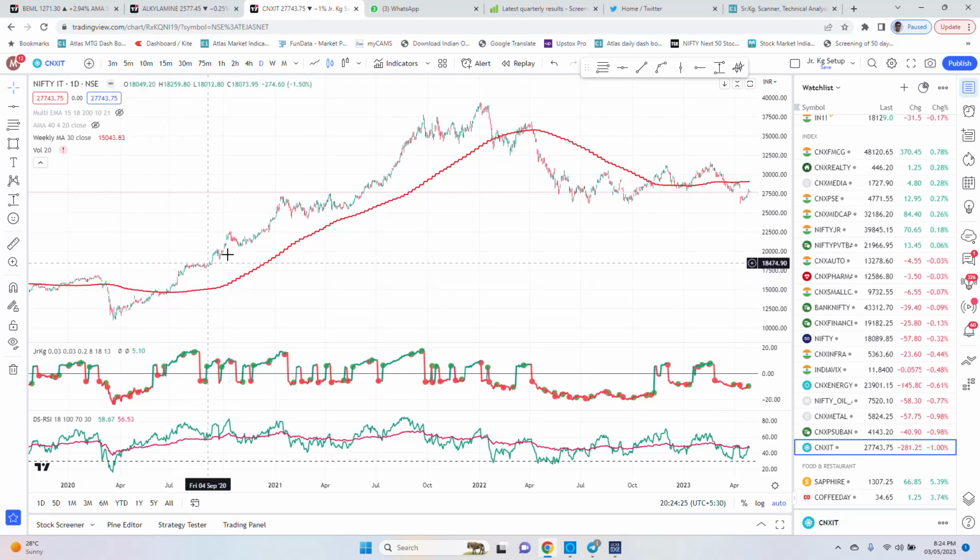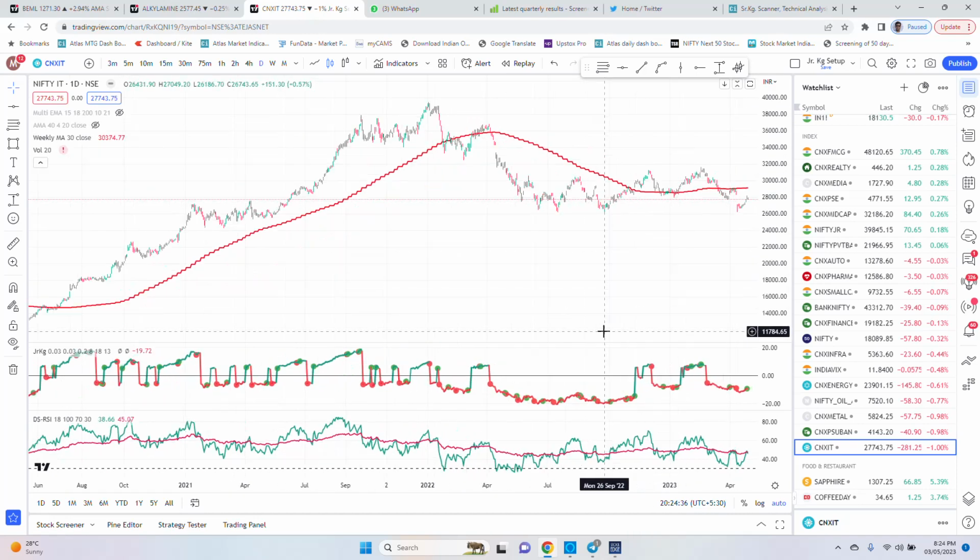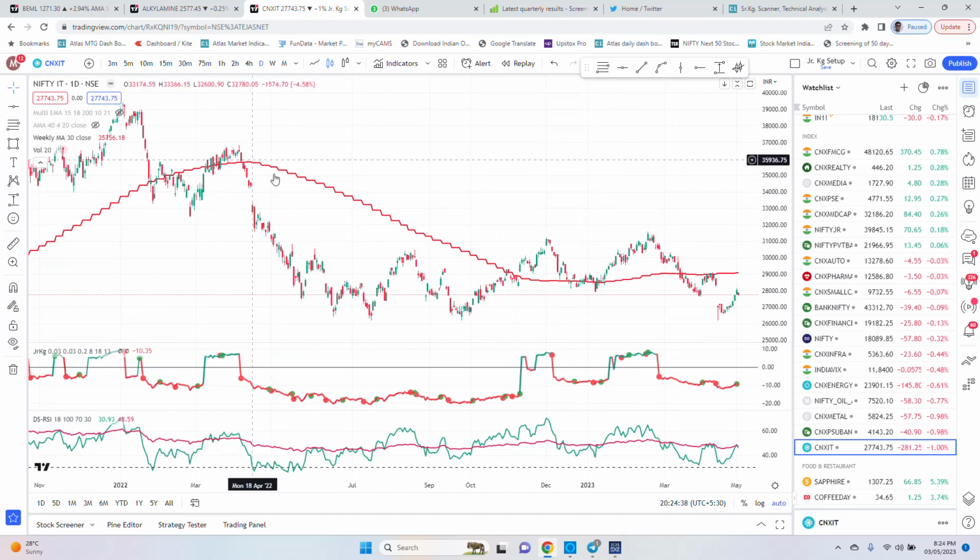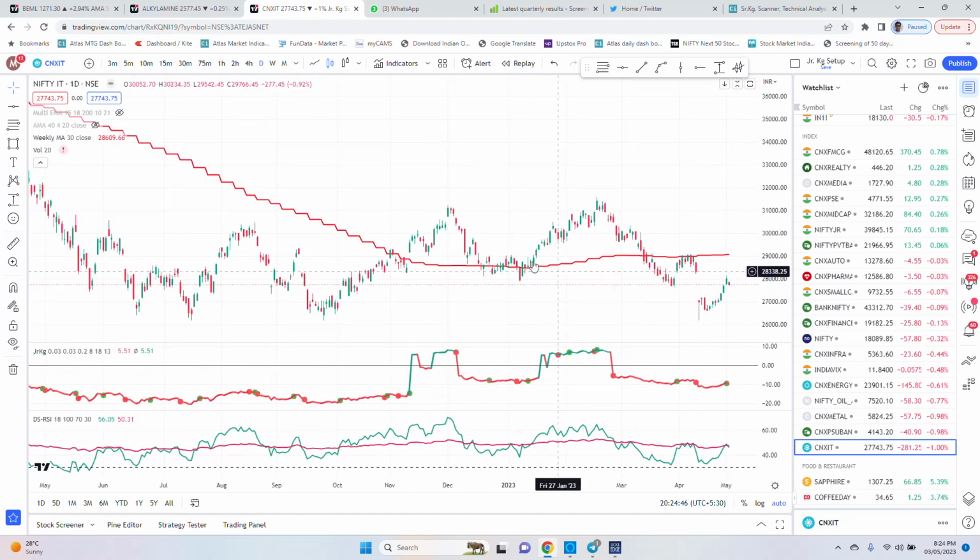From here the breakout happened from June 20 to Jan 2022. So almost 2 years there was an uptrend, then the downtrend, stage 4, and then stage 1. The IT index line has completely become flat, and the index is going up.